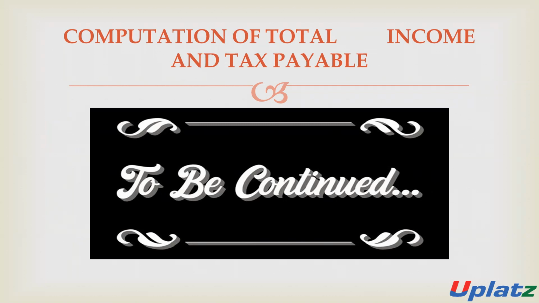So we have discussed part 1 of computation of total income and tax liability. There are some other parts in which we will discuss other steps of computation: how we will compute the total income of the assessee and how we will determine the tax liability. First we will determine the residential status of the assessee, then we will calculate the incomes of the assessee.